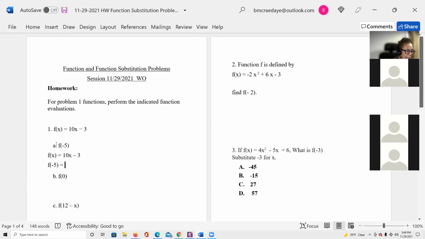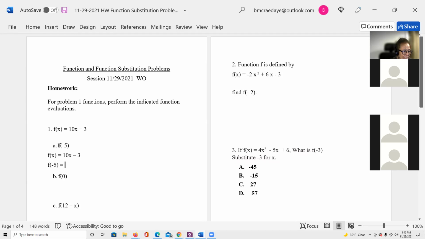Oh, A. It says for problem 1, functions, perform the indicated function evaluation. So that means when f of x is equal to 10x minus 3, what is f of -5? This is problem 1, and there were 3 parts.